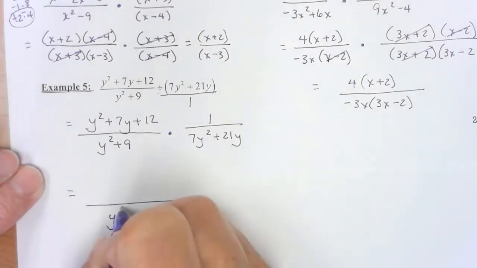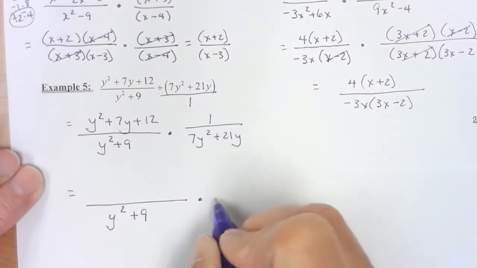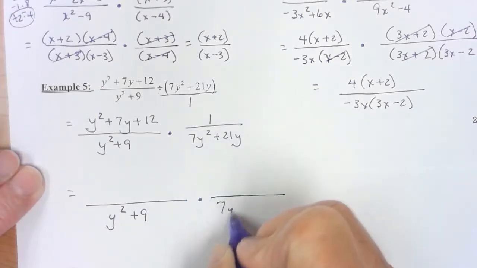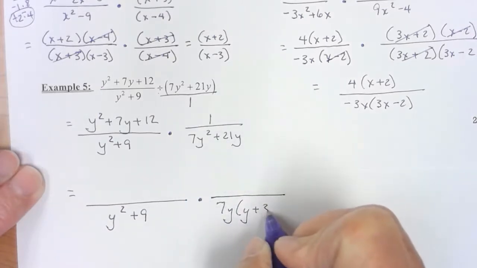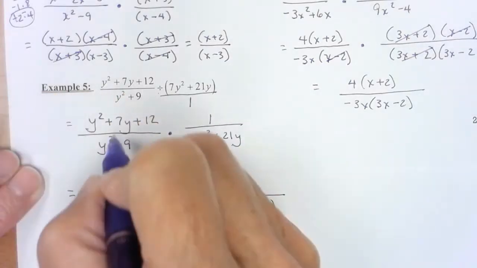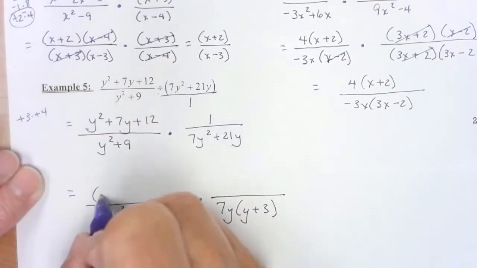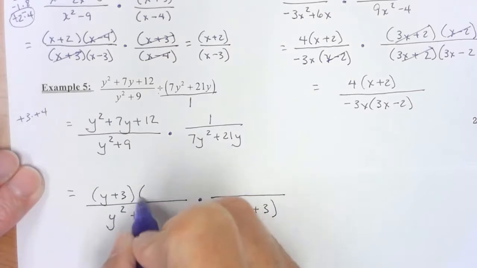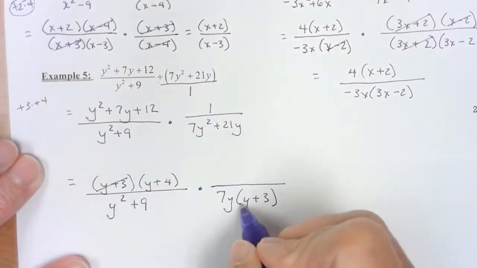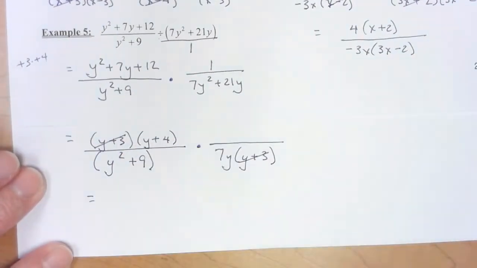This is not going to factor. It's a plus. I need a negative there. This one, I've got myself a binomial. I can factor out a 7y. That one, a 12. I'd say I need a, what, plus 3 plus 4? Let me put my parentheses around that because it's not factorable.